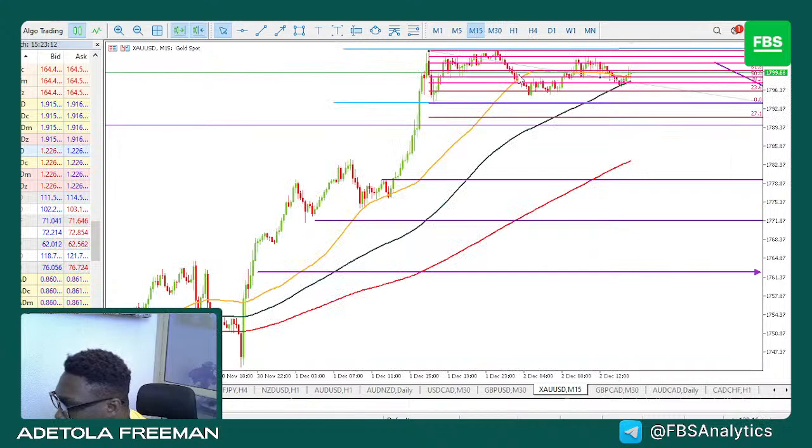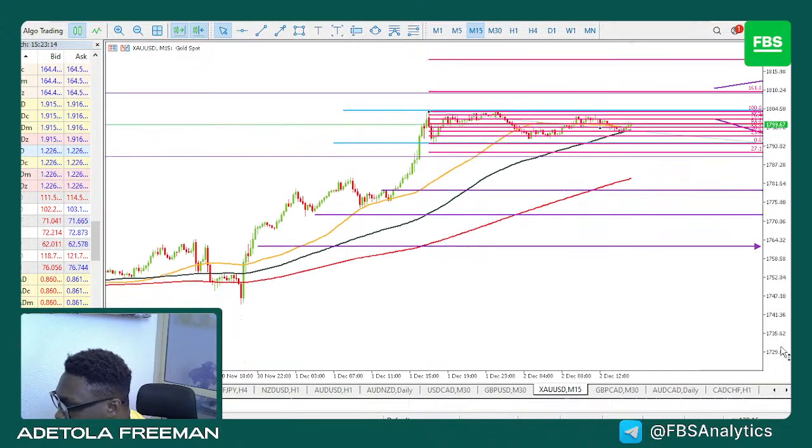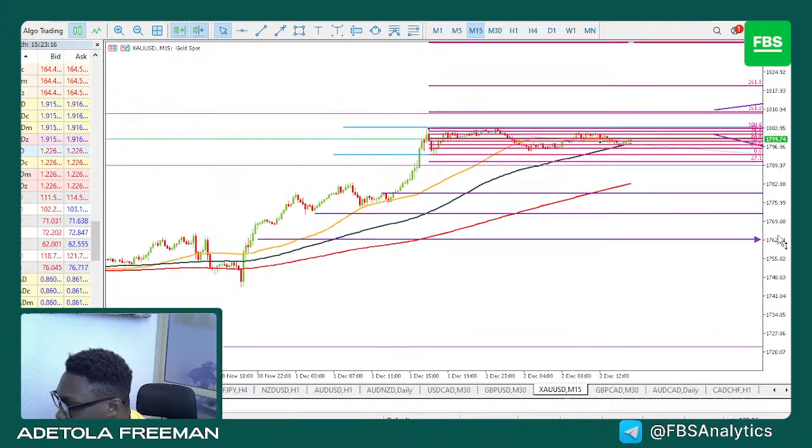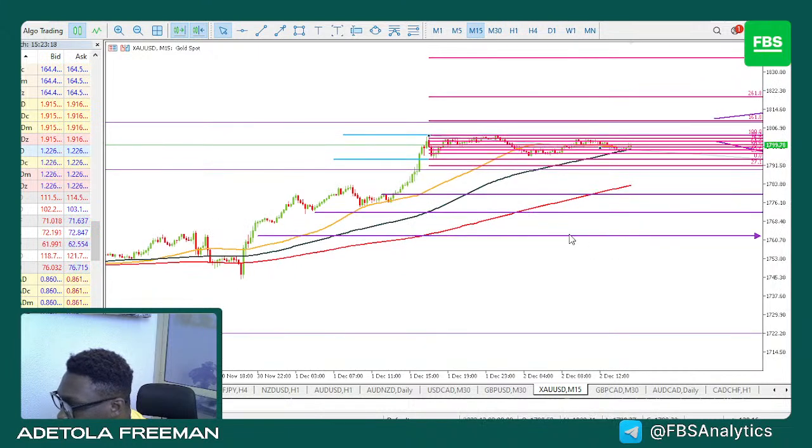Okay, I think I'm going to have to go to the lower time frame for this. Okay, good. Yes, so if I were to buy gold, my first take profit will be over here, which is 1809.27. That's my first.